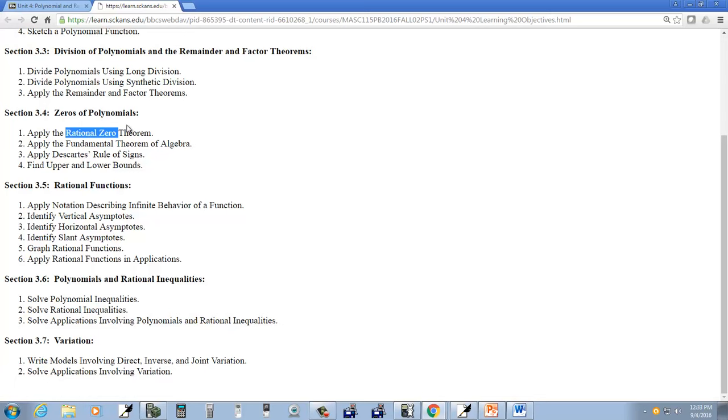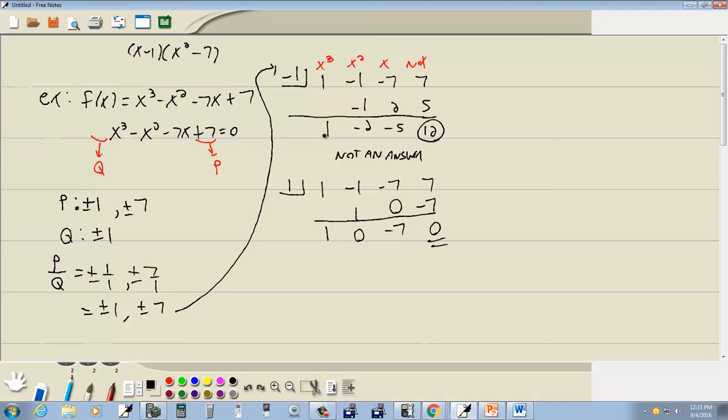Now the factor theorem, we skipped over, and you could read the book to see exactly what it says. But I'm going to give you the gist of how we use it in college algebra.